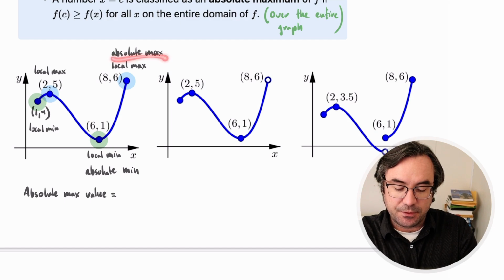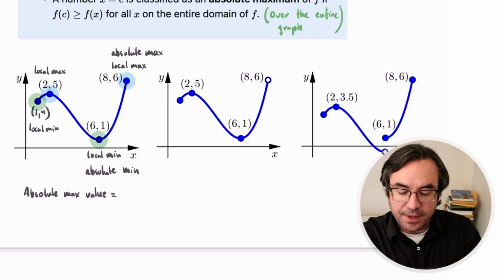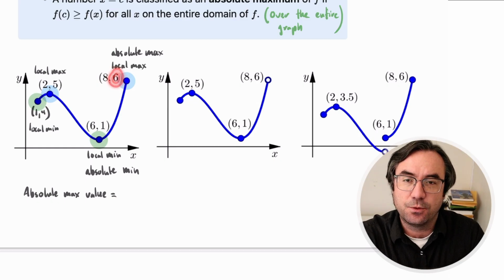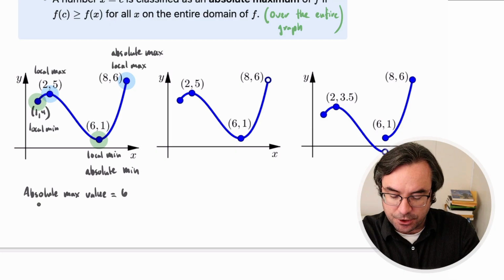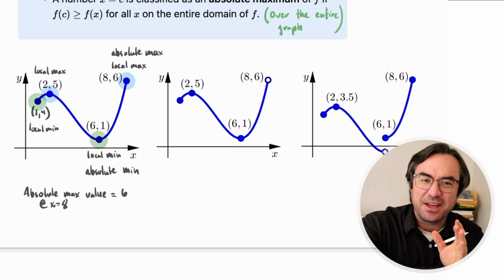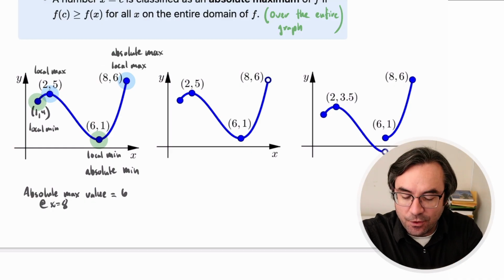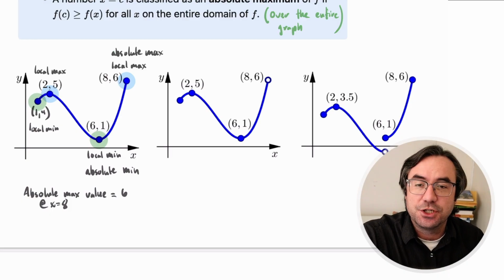Well, we found the point where it happens. What's the value of our function there? The absolute max value is the y-coordinate, so it's equal to 6. And this occurs at x equals 8. You want to think of the x-coordinate as the location, and the y-coordinate is the actual value of the function.